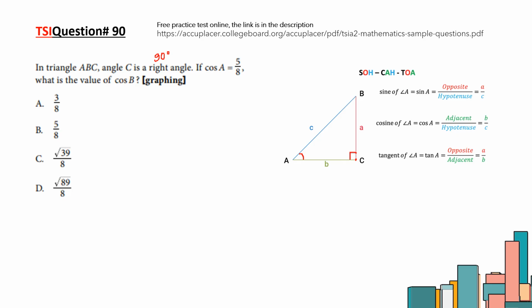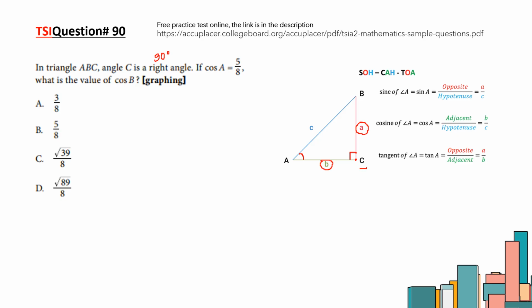Opposite to angle A is the leg, little a. That's the opposite side. The side next to it is called adjacent, so the adjacent one is B. And then C is the hypotenuse, which is opposite the right angle C.